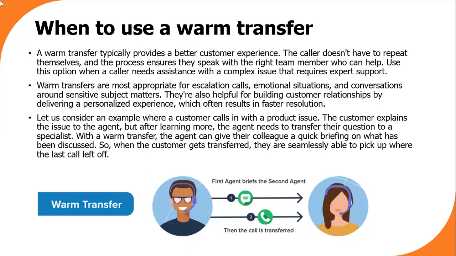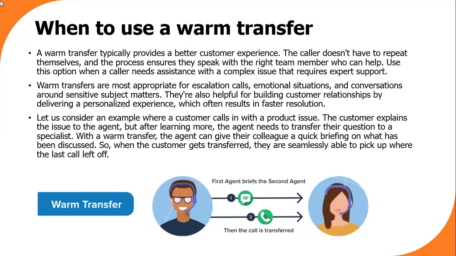Explain the situation to your coworker, the other agent, explain what's happening, give them the basic information of the customer, maybe their name, the account number if necessary, or the phone number, right? So this is when the call is escalated.